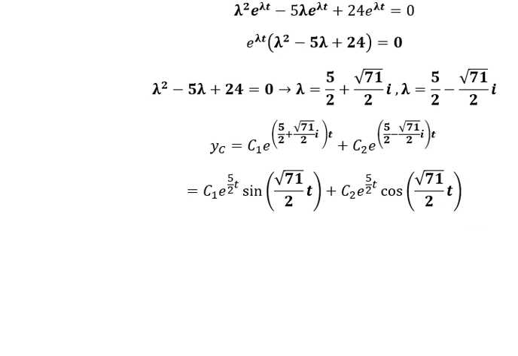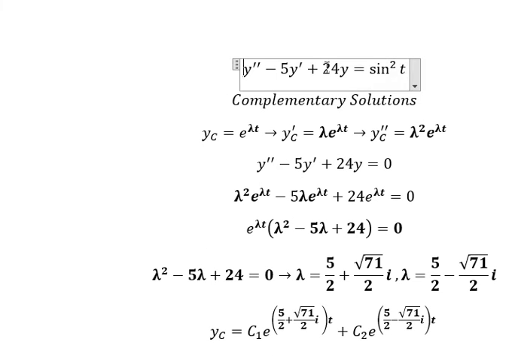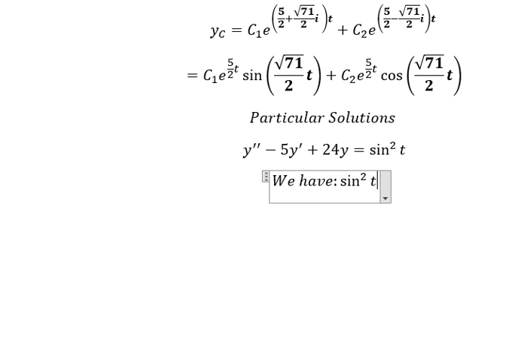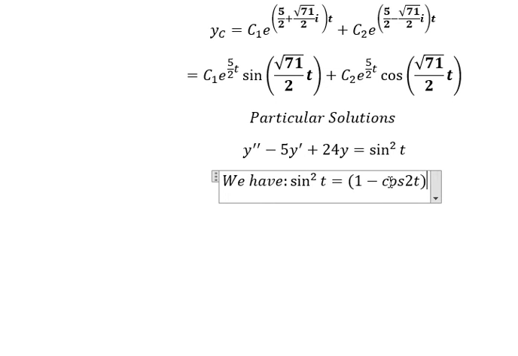Now we go to particular solutions. Now we have this one in here. First, we have the formula sin squared t equals 1 minus cosine 2t over 2.